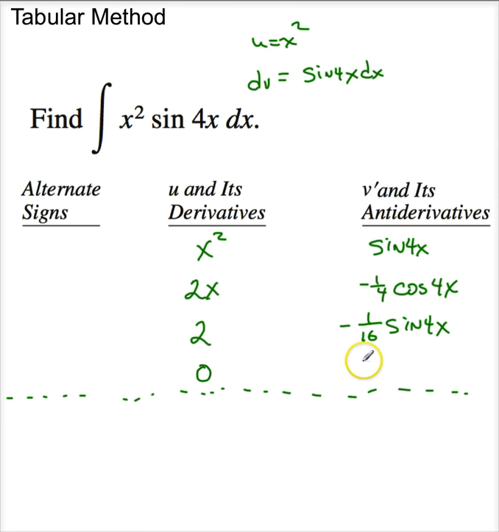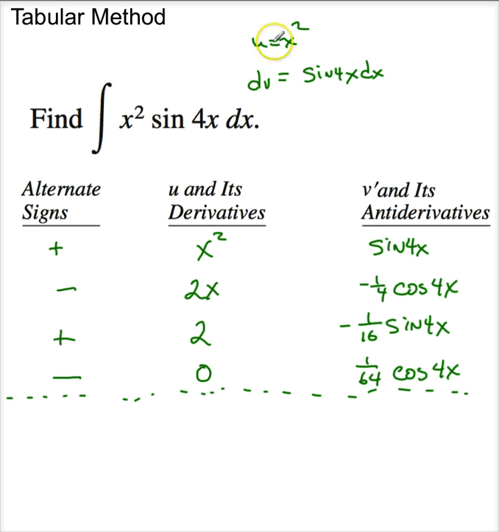And integrate it one more time, 4 times 16, so this is going to be positive 1/64 cosine of 4x. And the last thing I do is I come over and I check my signs. You always start with positive, negative, positive, negative.